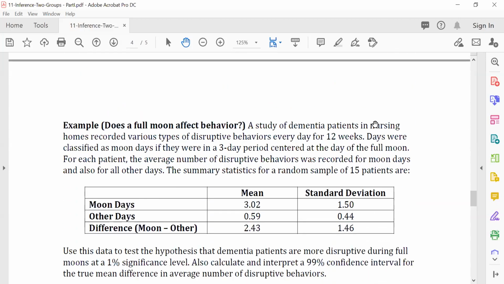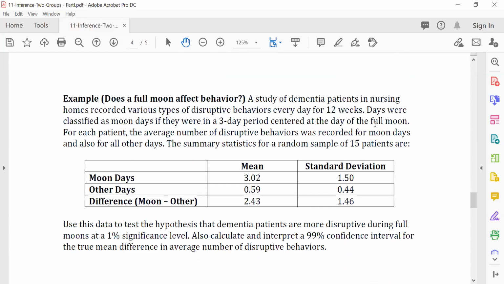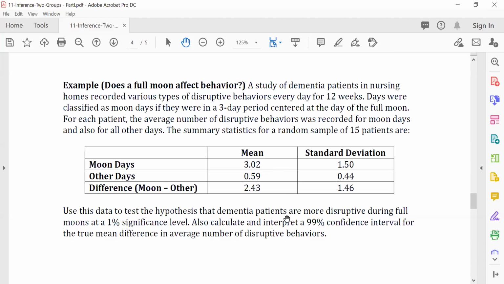Now let's take a look at an example of how we are going to apply the theoretical steps that we have talked about in a real question. Again, I'm going to pause the video here and I'm going to talk about the solutions in the next video. So please work on this problem on your own. We are trying to calculate and interpret a 99% confidence interval for the true mean differences in the average number of disruptive behaviors.